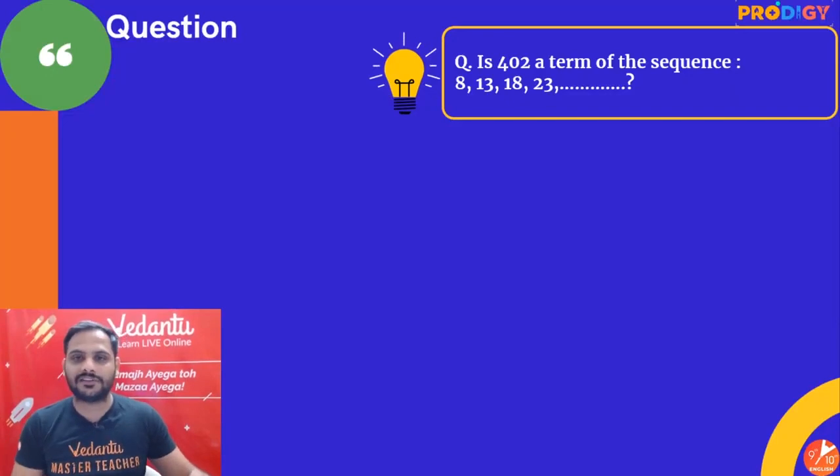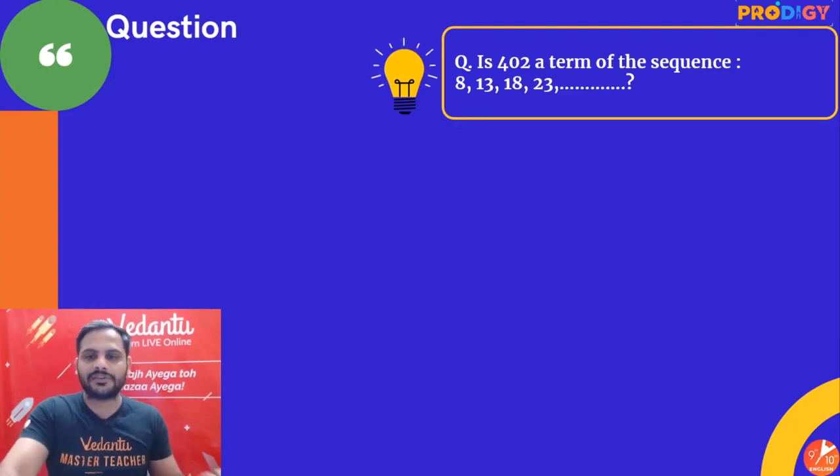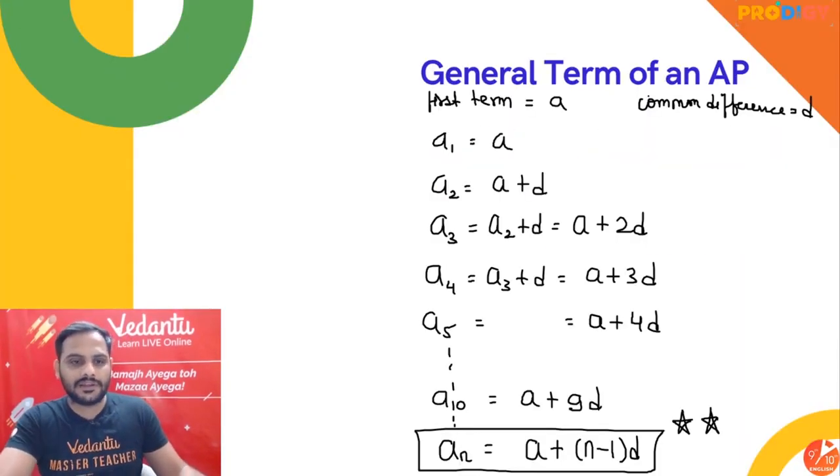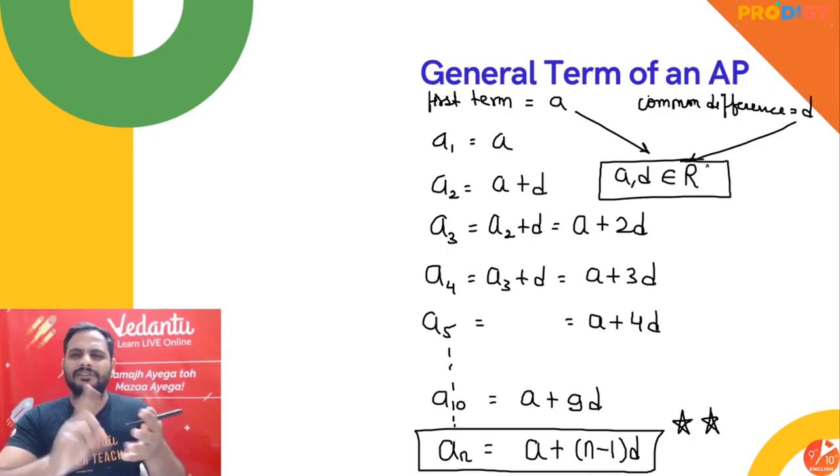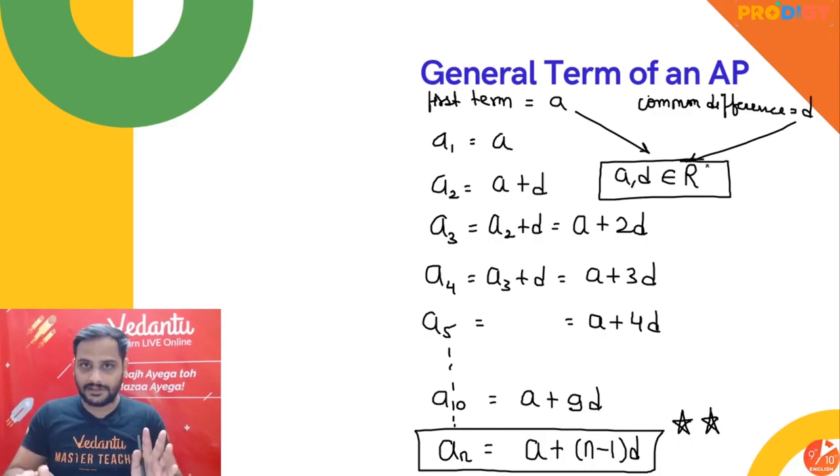Alright, so the question says, is 402 a term of the sequence? Now, understand this thing, very important, guys. In this, A and D, they belong to any real number. They can be any real number, positive, negative, rational, irrational, anything.